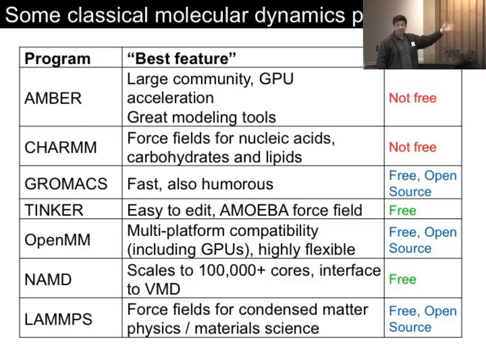A lot of you might have used one or more of these packages, so have I. One of the ways that OpenMM might be different from the other pieces of software is that, first, it can run on GPUs and on a very wide array of platforms, and it's also very flexible. It gives you a very flexible programming interface for a specialized research problem. Another good thing is that it is free and open source software.